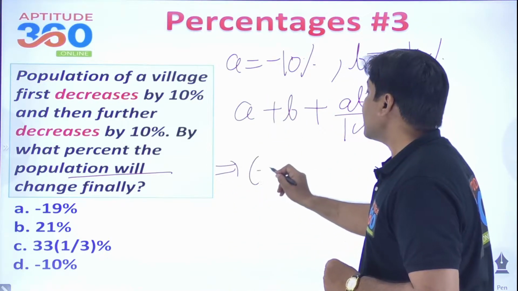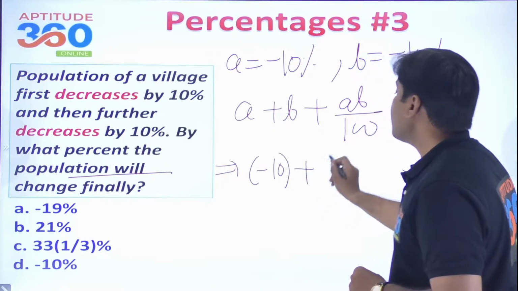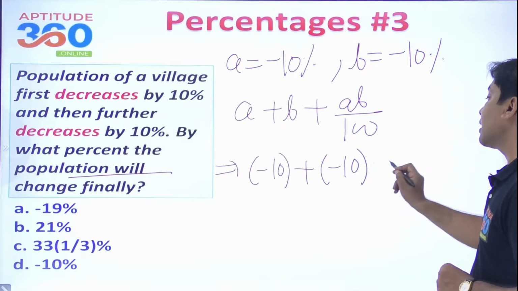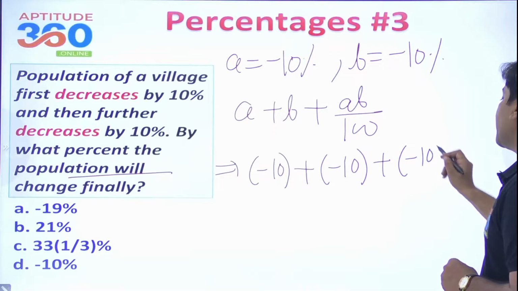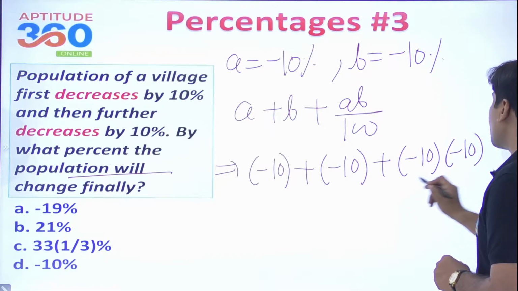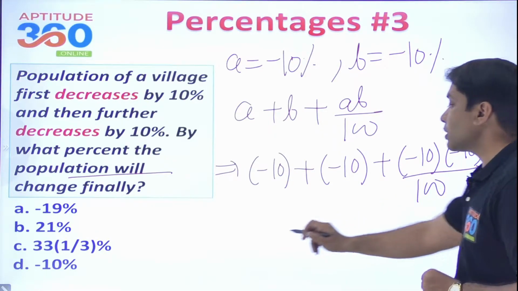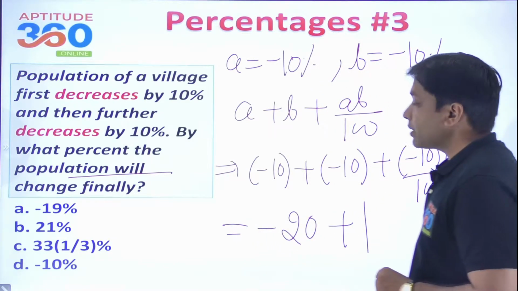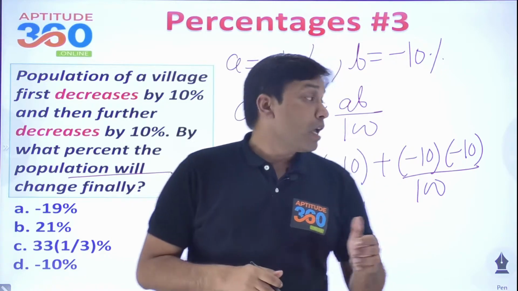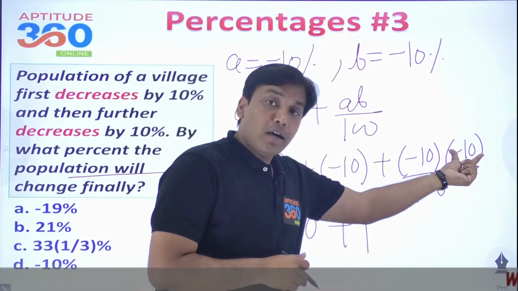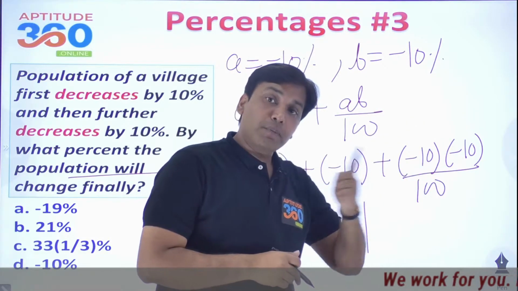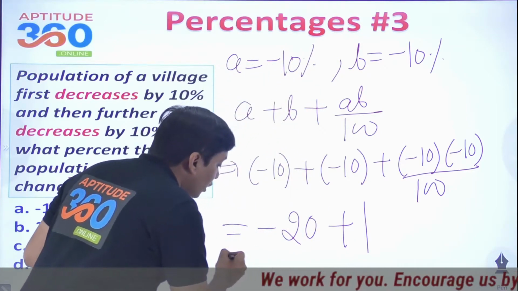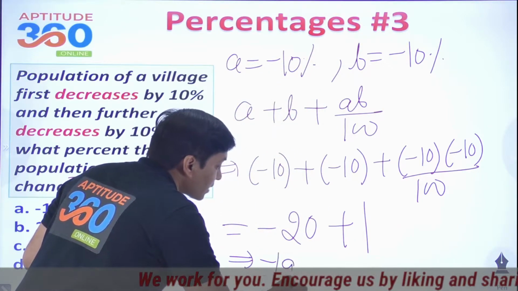A is minus 10, right? Similarly, B is minus 10. And the value of A into B, minus into minus, don't you think this is coming out as positive? So this value over here, this will be minus 20 and this will be positive 1, because minus into minus will be positive. 100 upon 100 will be 1, and then this value finally will be coming out as minus 19.